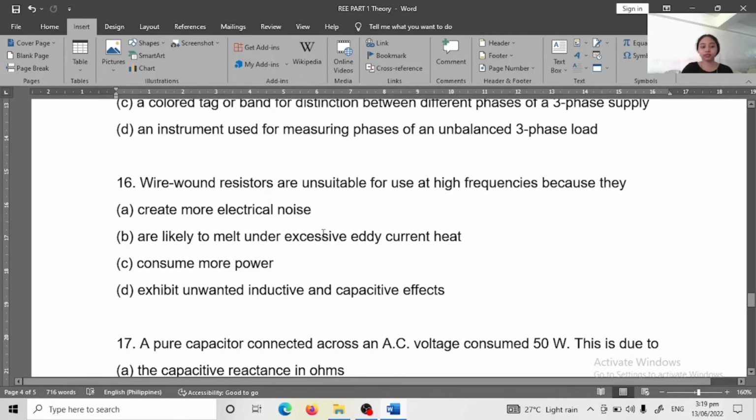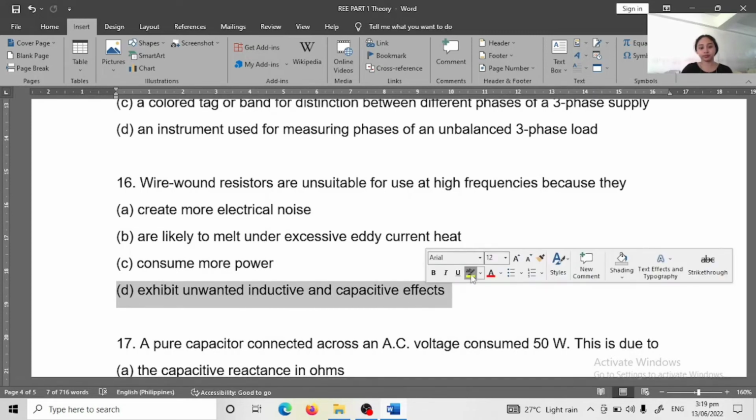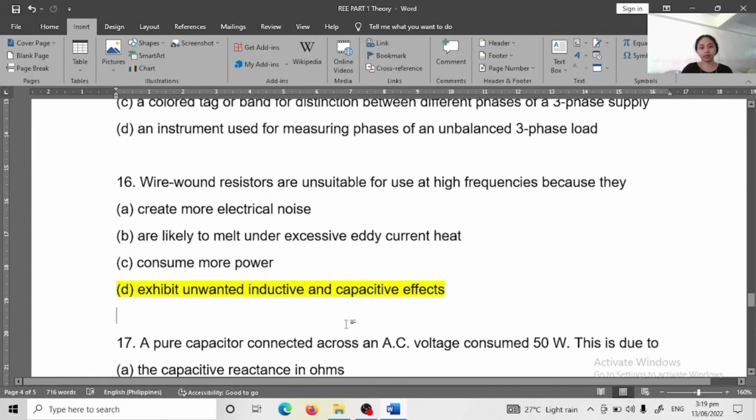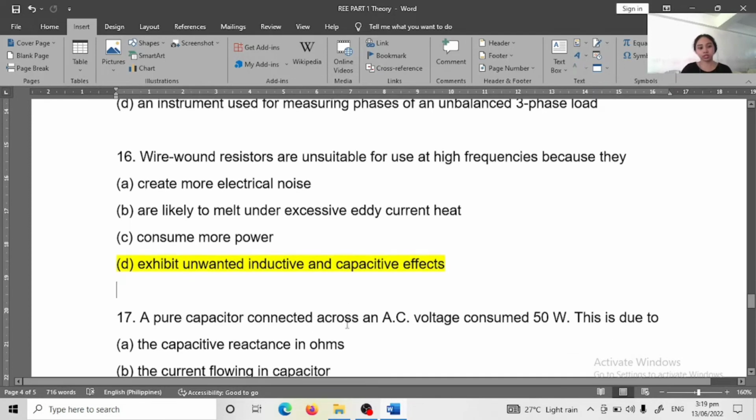So the answer for number 16 is exhibit unwanted inductive and capacitive effects. So that is for wire-wound resistors. They are not suitable for high frequency.